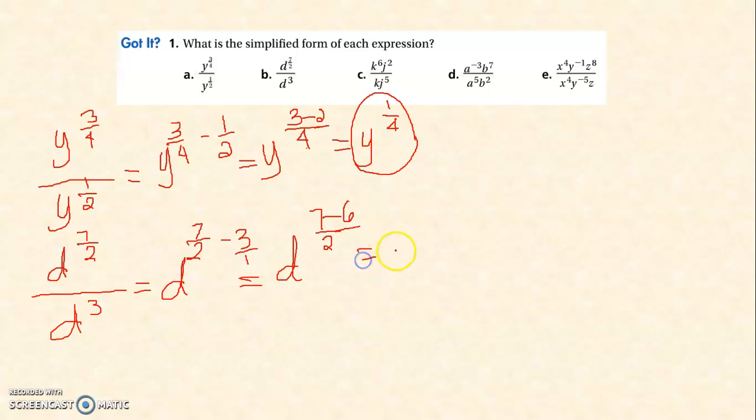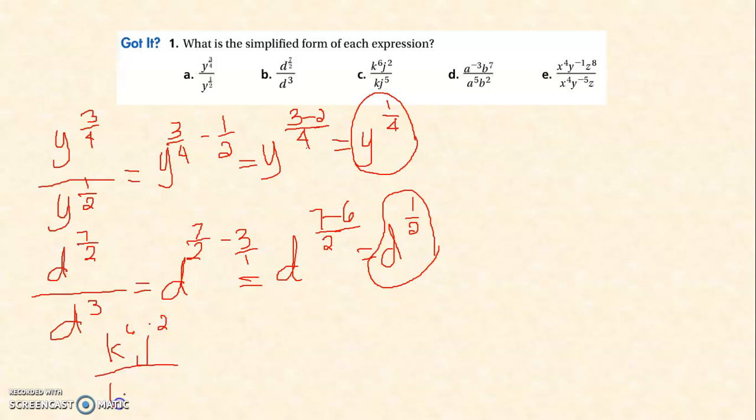So you now have d raised to 7 minus 6, that is 1, all over 2. Can you follow?